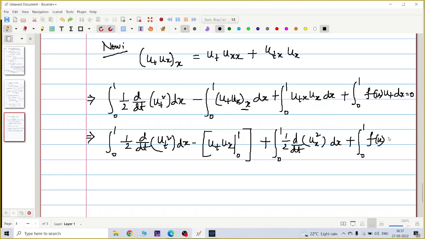If of t dx equal to 0. Okay, so I will merge this first and third term.